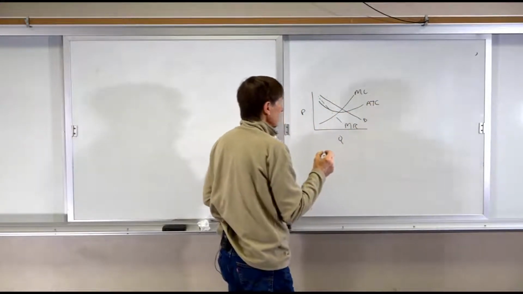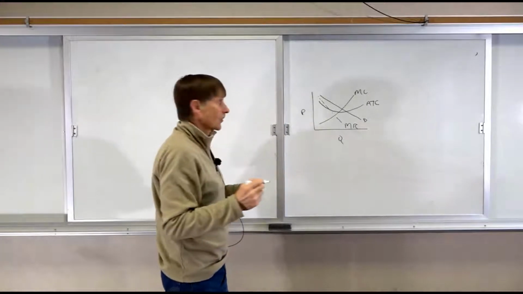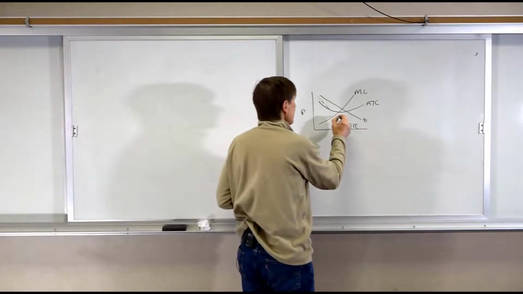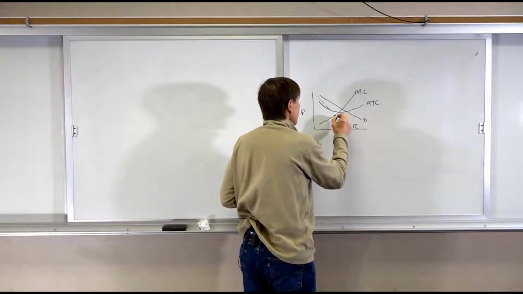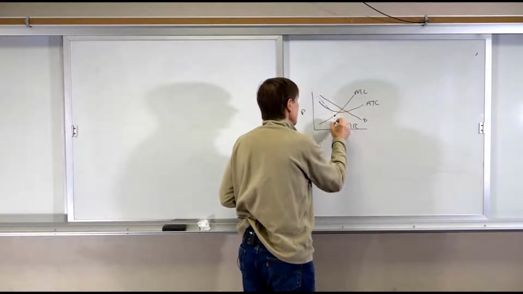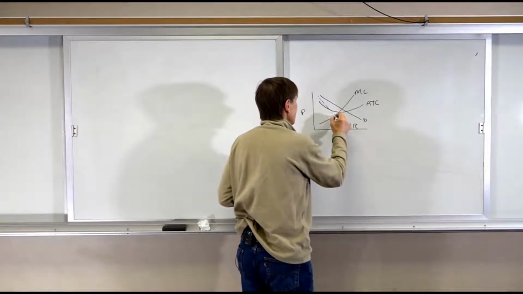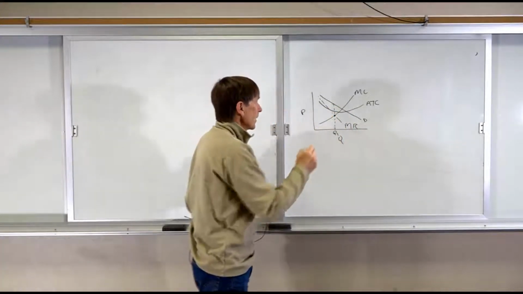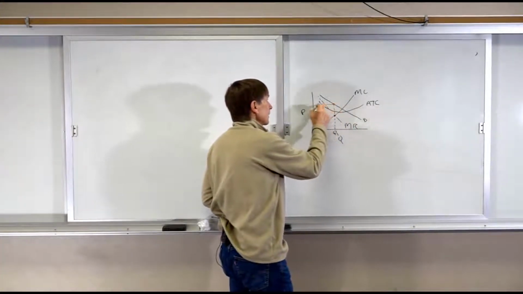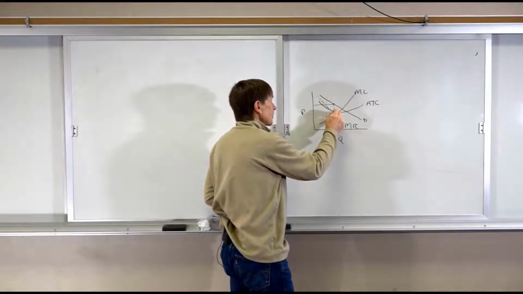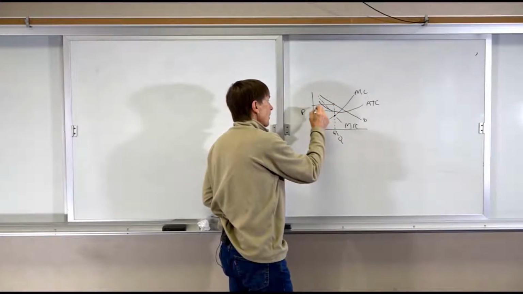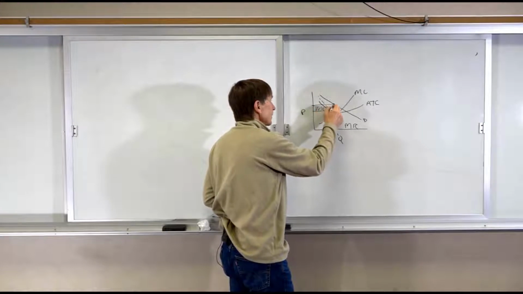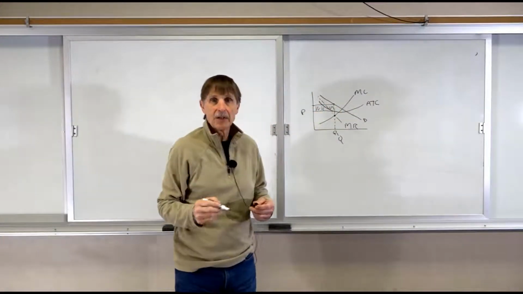The monopolist is going to be producing where marginal revenue equals marginal cost, which is there. And so that's the quantity that the monopolist would be producing. And notice that the price is up here and the average total cost is there. So this amount would be profit, right?